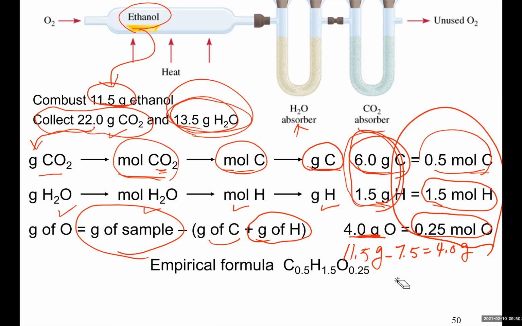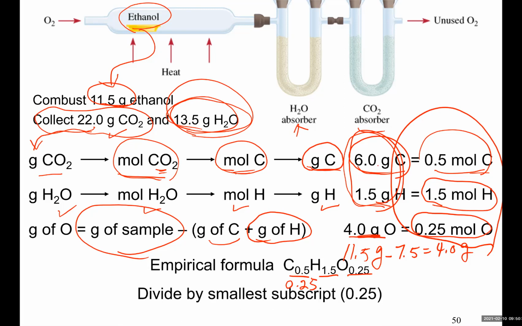No. When we write a formula, they should be integers. So can I divide all of these numbers by 0.25? And if I do, I get all these integers where you're going to see C2H6O, just 1.